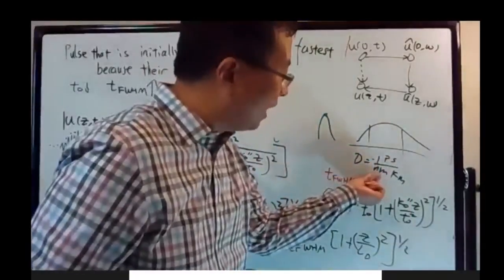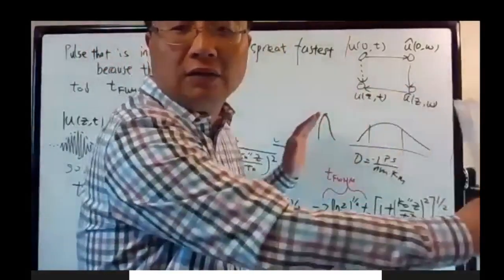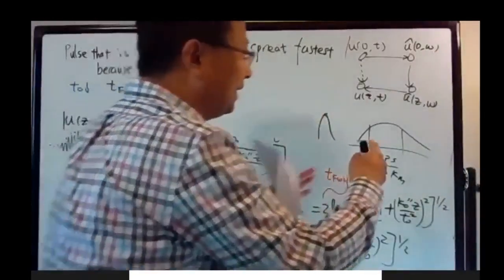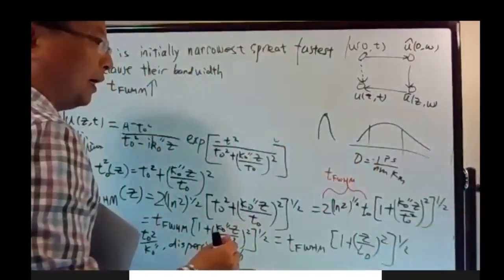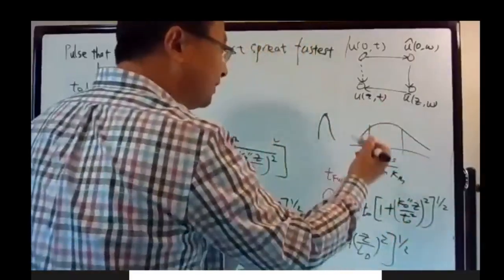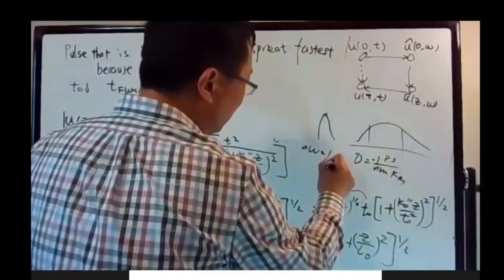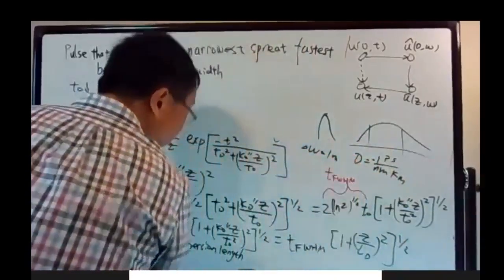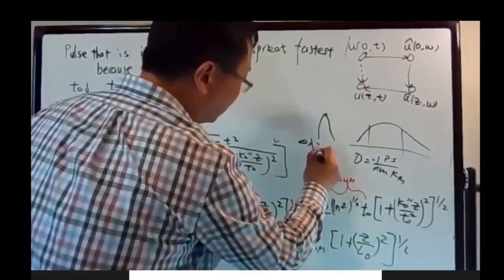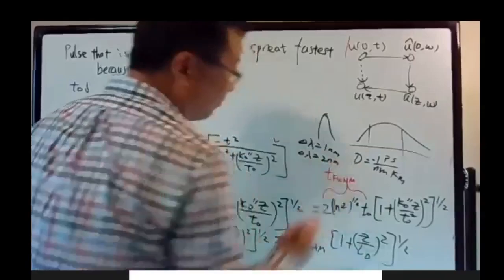If my pulse in the spectral domain is well spread out, that means it is broadening. For example, in the first case we have narrow, delta omega, I shouldn't say delta omega, I should say delta lambda is 1 nanometer, and the second one delta lambda is 2 nanometers.